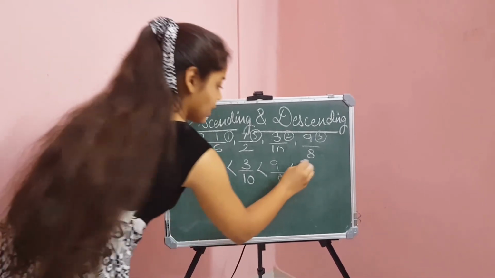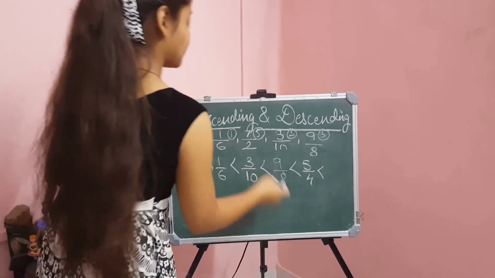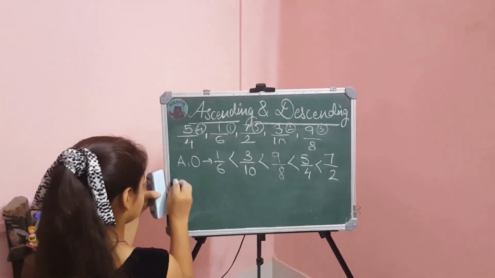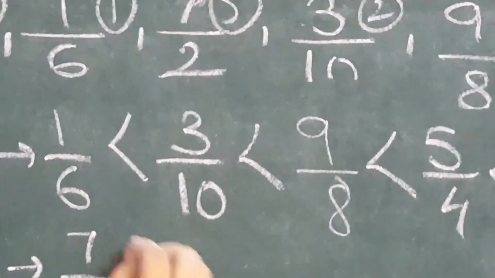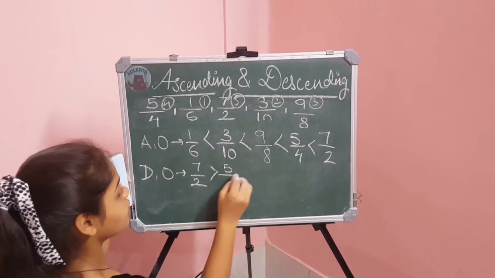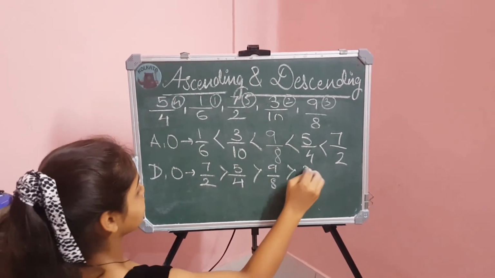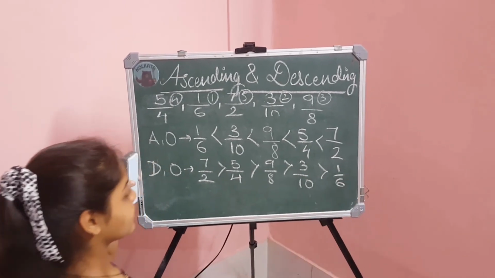Fourth one is 5 by 4. Fifth one is 7 by 2. And descending order is just the opposite. 7 by 2, 5 by 4, 9 by 8, 3 by 10 and 1 by 6.